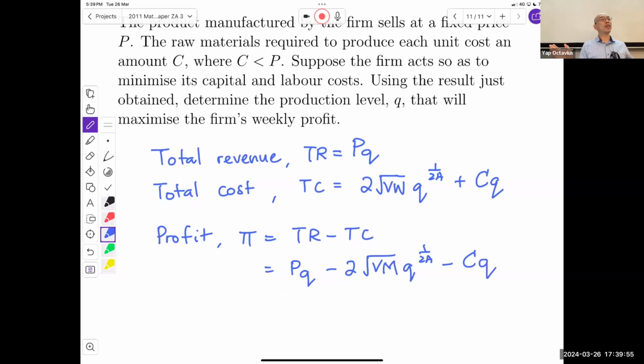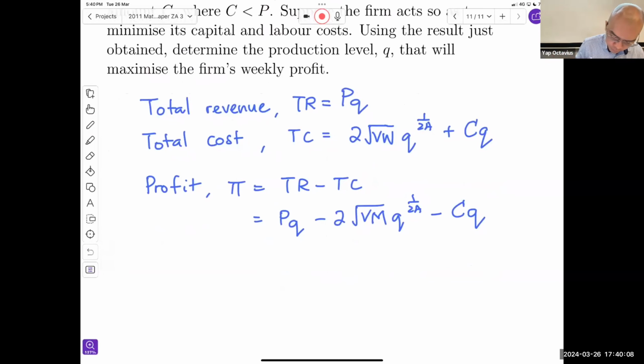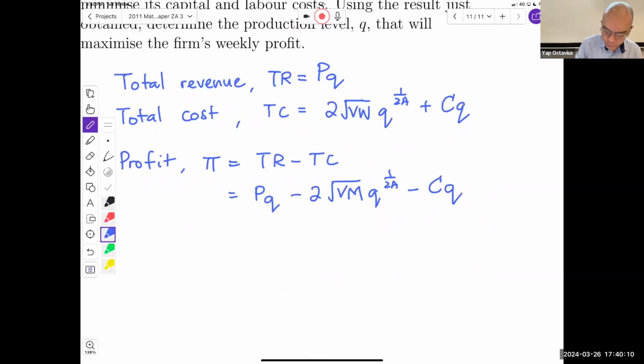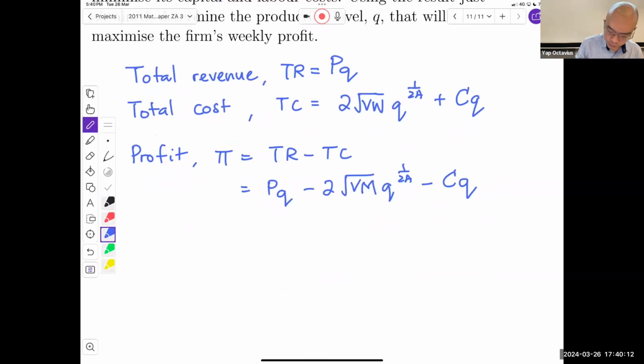Okay, so once you can form this, everything will be fairly easy. The problem is this. If you cannot form this, you cannot do it. Okay, come, differentiate. Differentiate first time. Differentiate this.